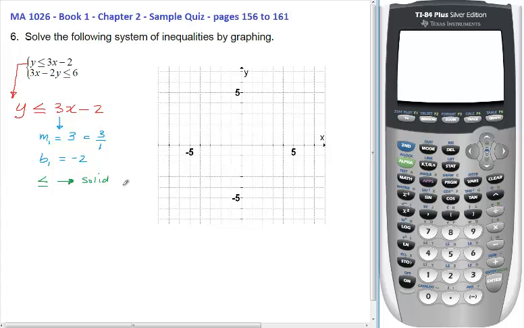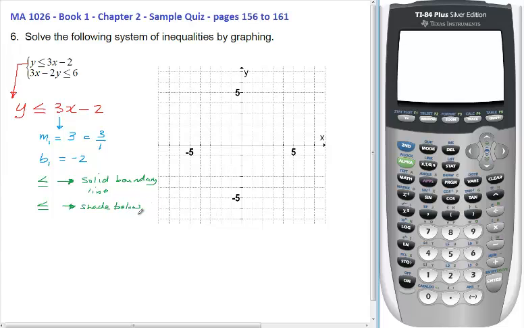Solid boundary line. Okay? B-O-U-N-D-A-R-Y. So solid boundary line. And this also tells me, because it's less than, I shade below. Okay, shade below the line.